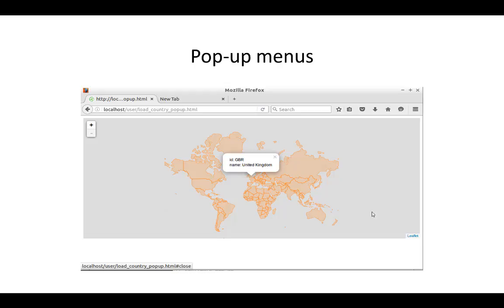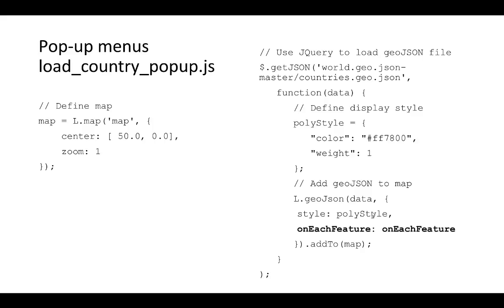Okay, how can we enhance that map? Pop-up menus. Nice to stick a pop-up menu in, always good. How do we do that? Unless I say otherwise, the HTML and CSS all stays the same in these examples. We define our map. We use jQuery to load the data up, exactly like we did before.